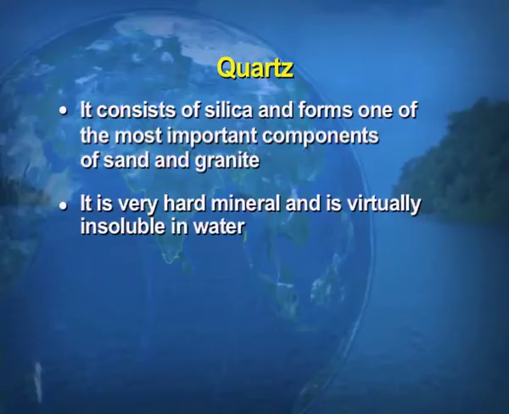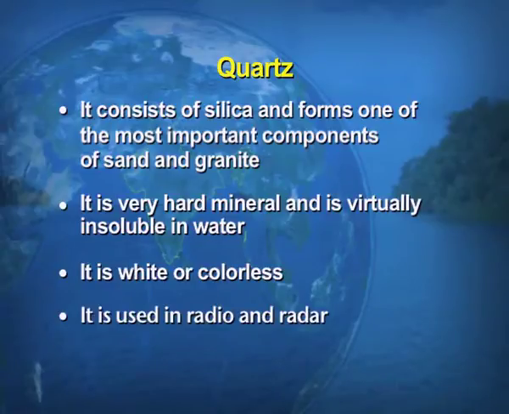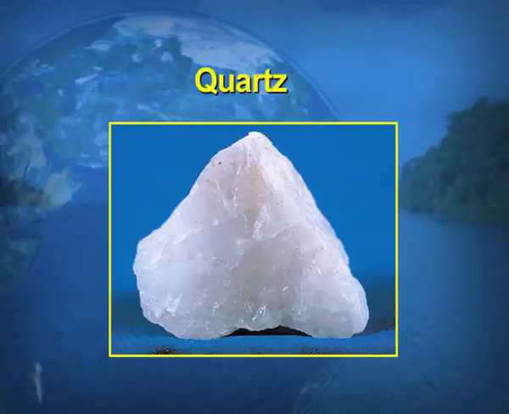Now, the third property of the quartz is its color. It is either white in color or colorless. And the fourth is the usage of the quartz, which is basically used in radars or in radio. Now, look at the screen and you can have a view of the quartz.